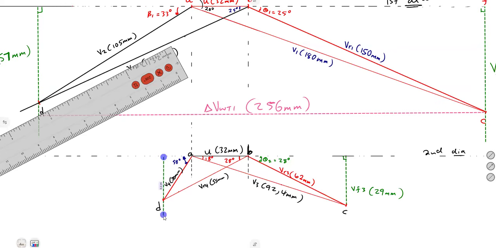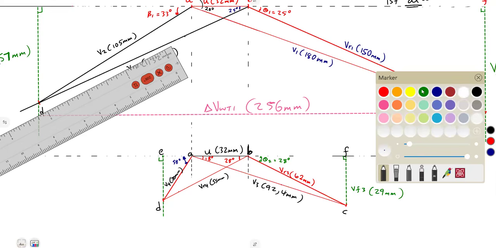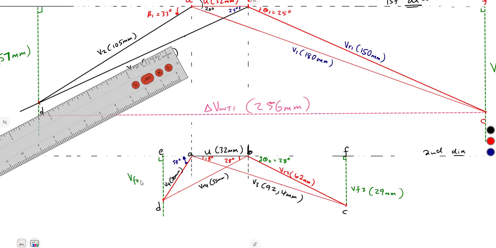You measure the perpendicular that we have here from this point, which is our point E. This is E, this is F. So D to E, you measure that flow velocity, that's our VF4, which was going to be 2.6 centimeters, 26 millimeters approximately, as well as our total wheel velocity from these two.